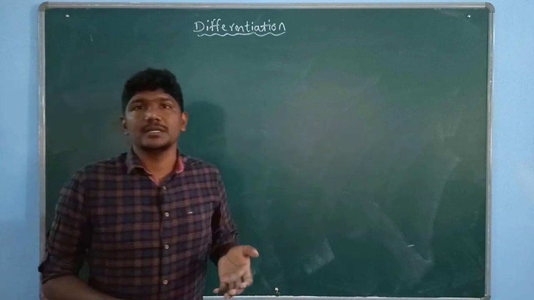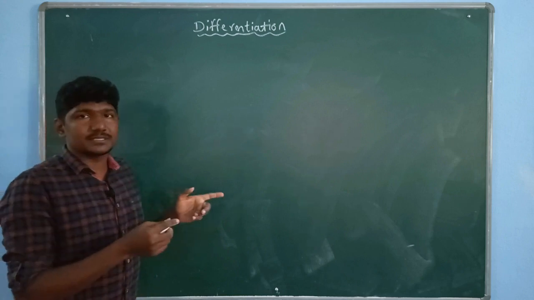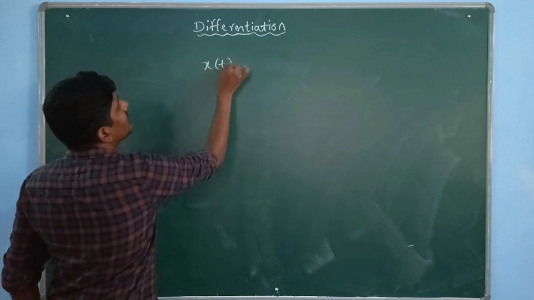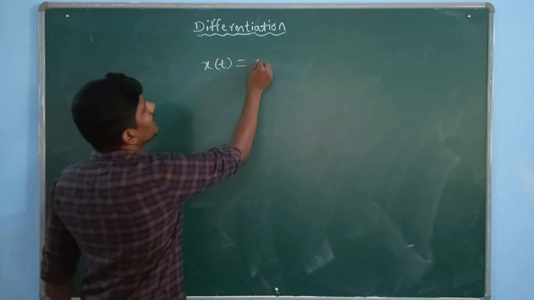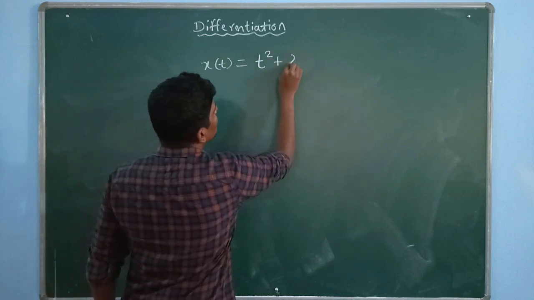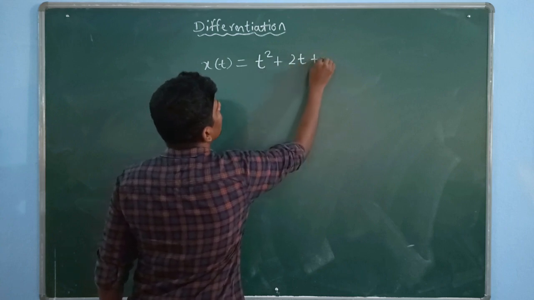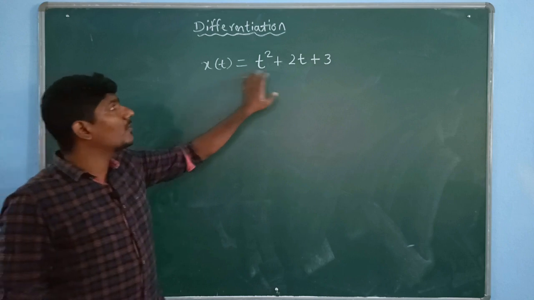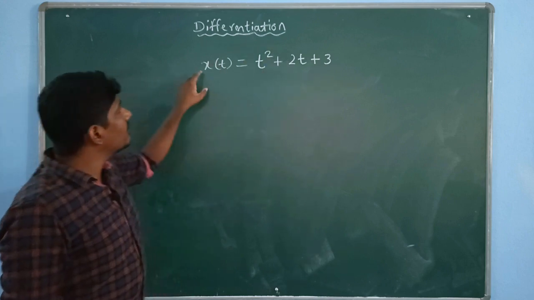Let's see the application now. How to apply that in physics. Here we have x of t, that equals t square plus 2t plus 3. So this is called one function. Now here we have position.